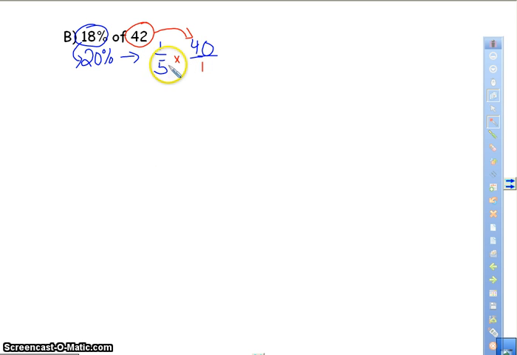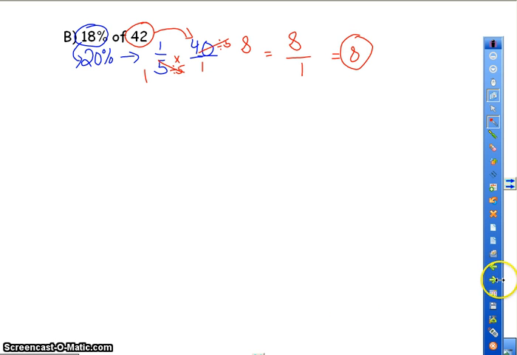So I'm going to cross reduce by 5, and you get 1/8. And once again, this has to do with compatible numbers, which we have learned about before. So 1 times 8 is 8. 1 times 1 is 1. 8 over 1 equals 8. And that is my solution.